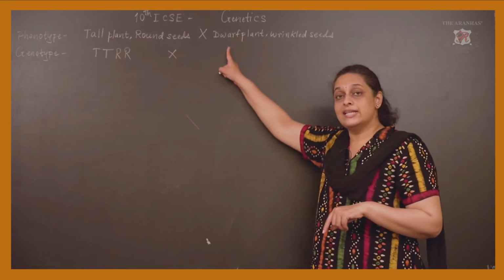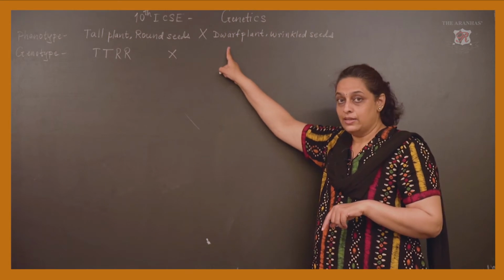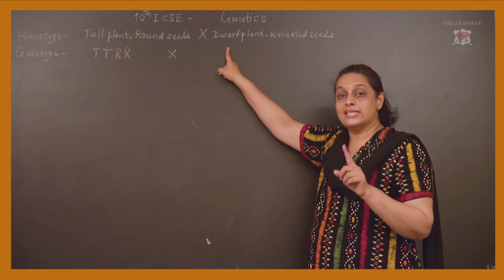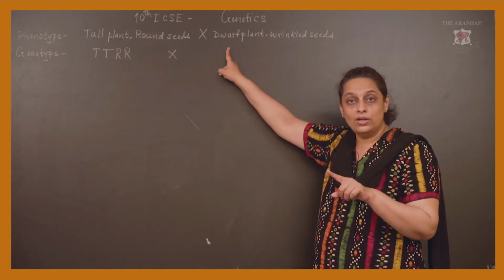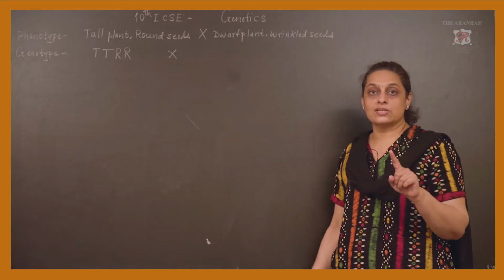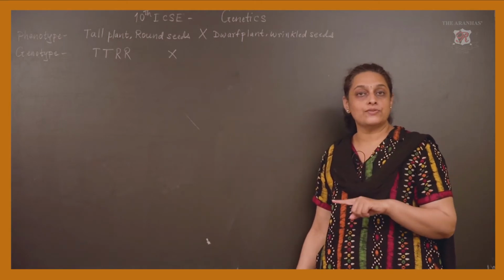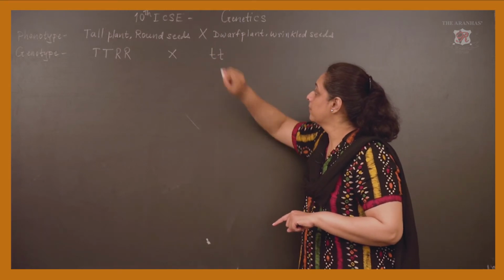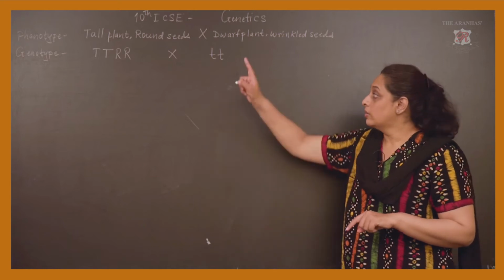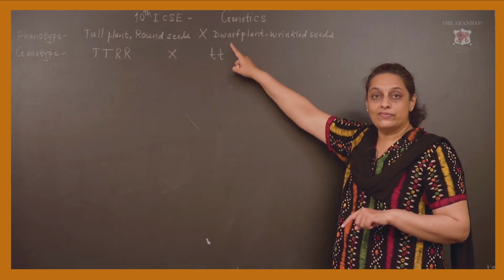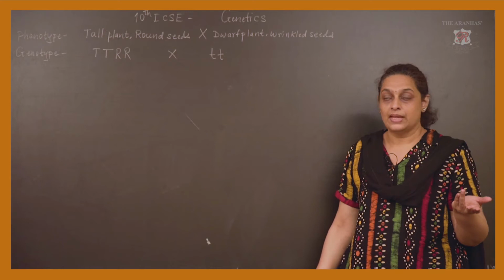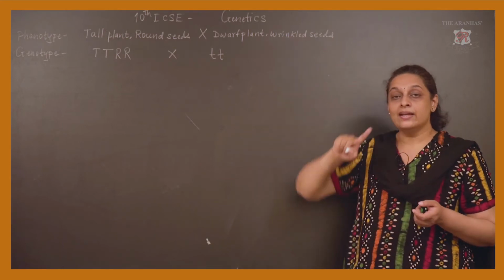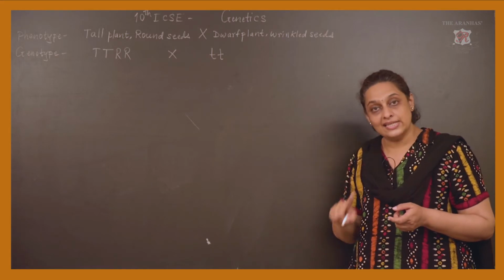Now dwarf is recessive, correct? I have to use letter T, but for recessive character, what is the rule? You should use small case or lower case form of the letter, that is why small t. So tall is dominant over dwarf, this is what I come to know, and wrinkled seed. So character wrinkled is recessive.